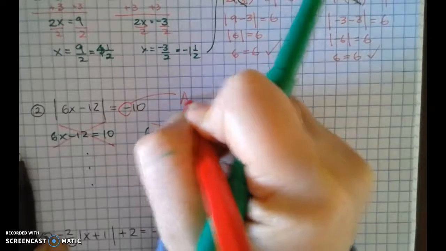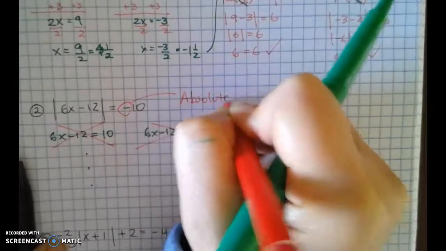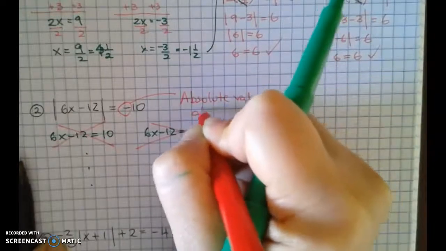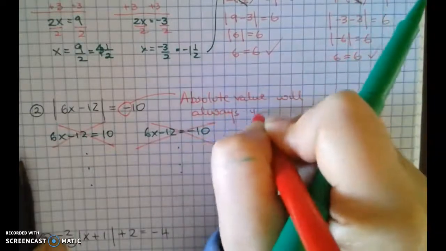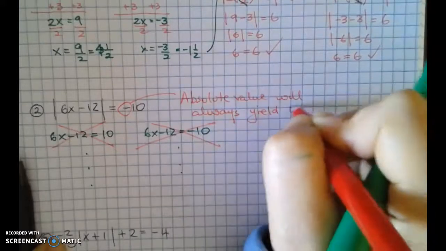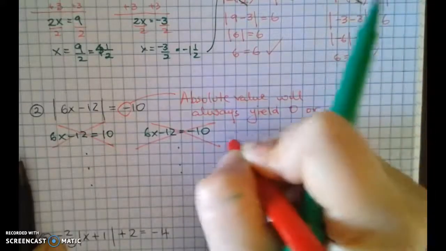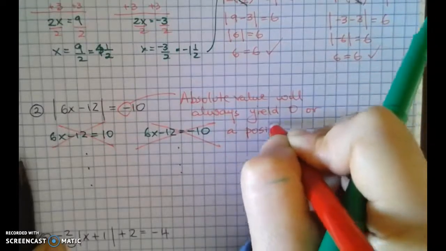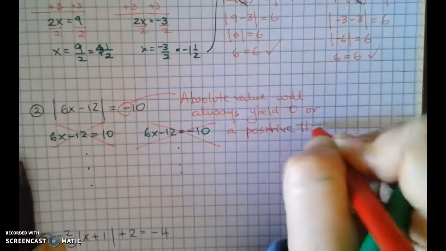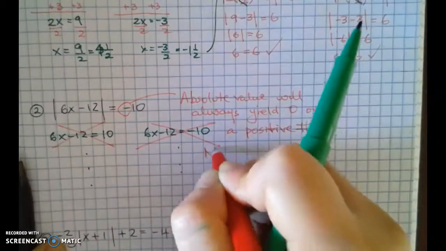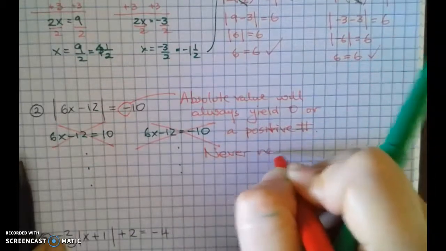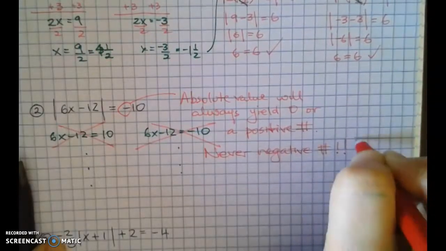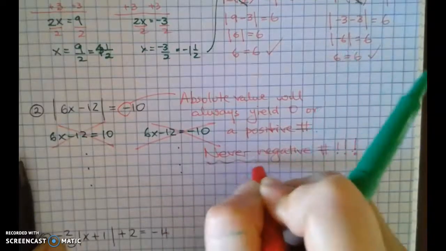Absolute value will always yield 0 or a positive number, and never a negative number.